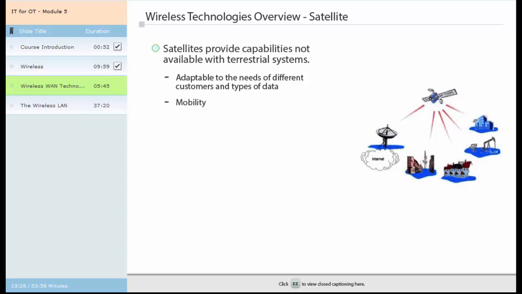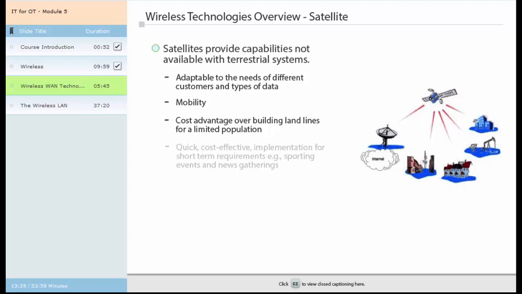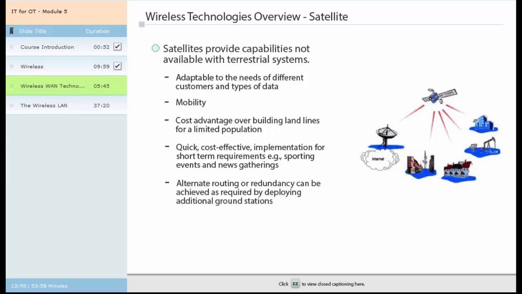Satellite systems can be used when there is a requirement for mobility, especially across a large geographic area, and can offer significant cost advantages over building landlines for a limited population group. Due to very quick deployment capabilities, satellite systems are very cost-effective for short-term requirements like covering sporting events or news broadcasts. Satellite systems offer alternate routing or redundancy as required in the system through the deployment of more ground stations.